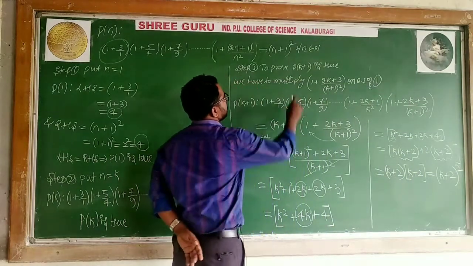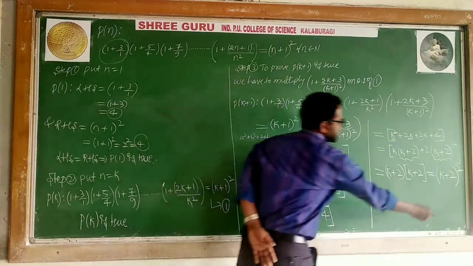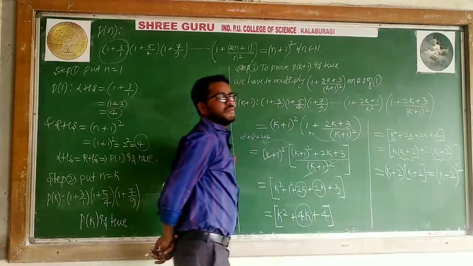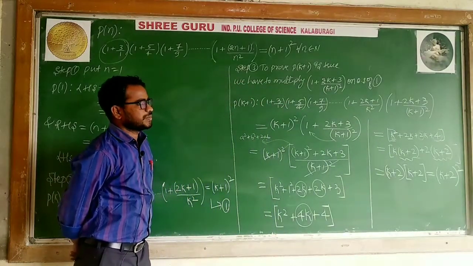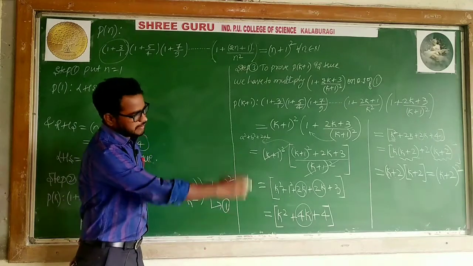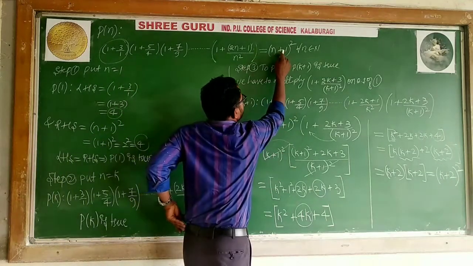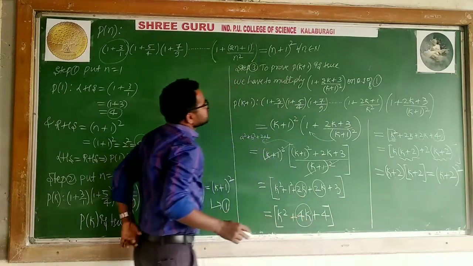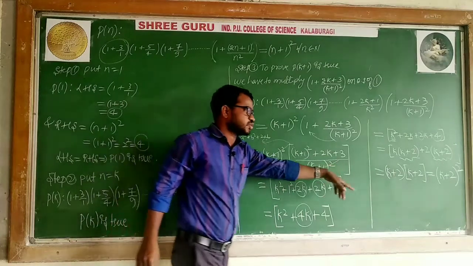But what we need, in place of n, is (k plus 1) whole square, but I got (k plus 2) whole square. What will we do now? Is it any problem? There is no problem. We got (k plus 2) whole square, but I need (k plus 1) whole square. Can I write the plus 2? k plus 2.